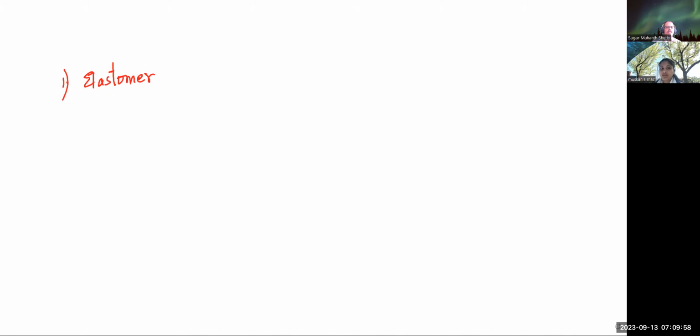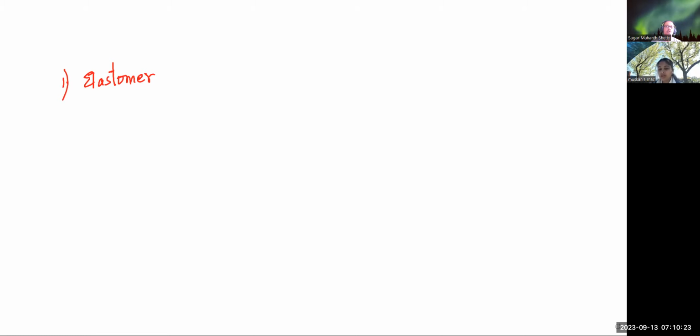That is called retracting. Because of the few crosslinks, the polymer comes back to its original position. As long as you're stretching it, it remains stretched, but the moment you release the force, it goes back to its original position.